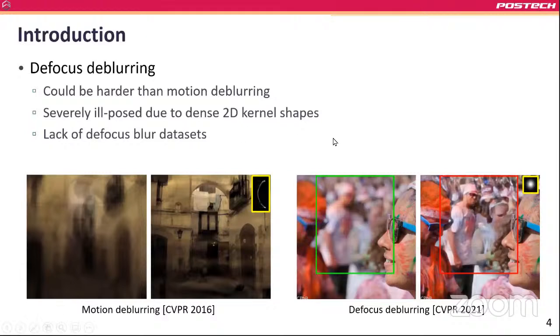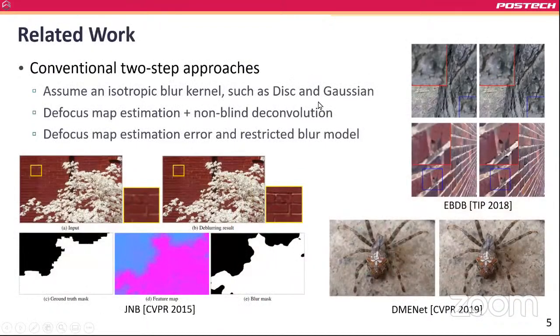Also, there is no big data set for defocus deblurring, so it's not easy to apply deep learning to this task. Traditionally, we used a two-step approach. In the first step, we estimate the defocus map. That means we assume some typical shape of defocus blur, such as disc or Gaussian blur.